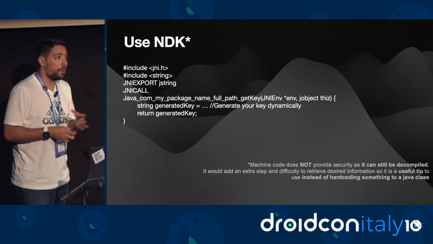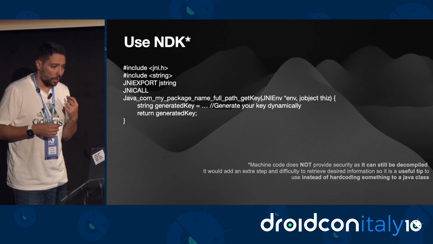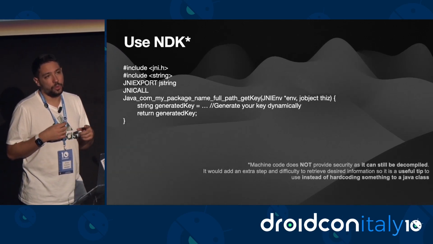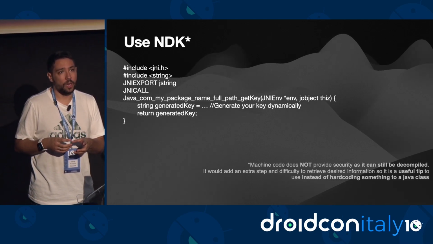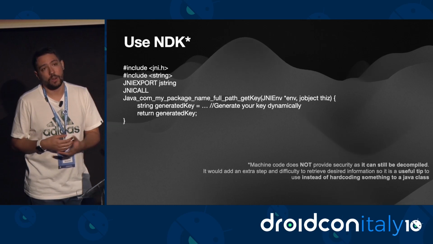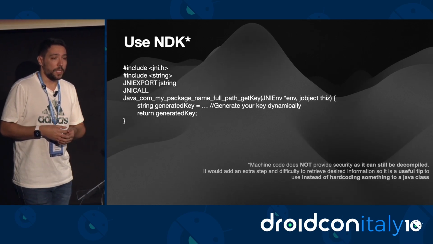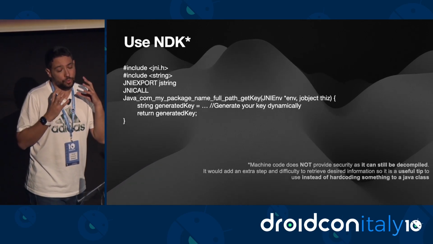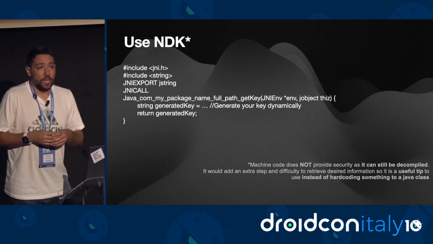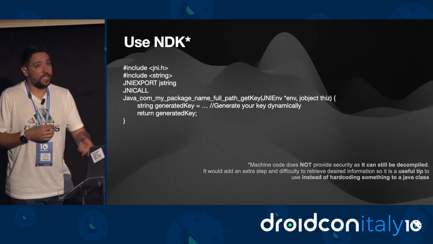So if you do need to hard code something, or even better, instead of hard coding this key or this variable, try to build it dynamically using an algorithm. That would be even better. But if you absolutely need to store something like that in some hard-coded way, it is a little bit better to do it in the NDK.